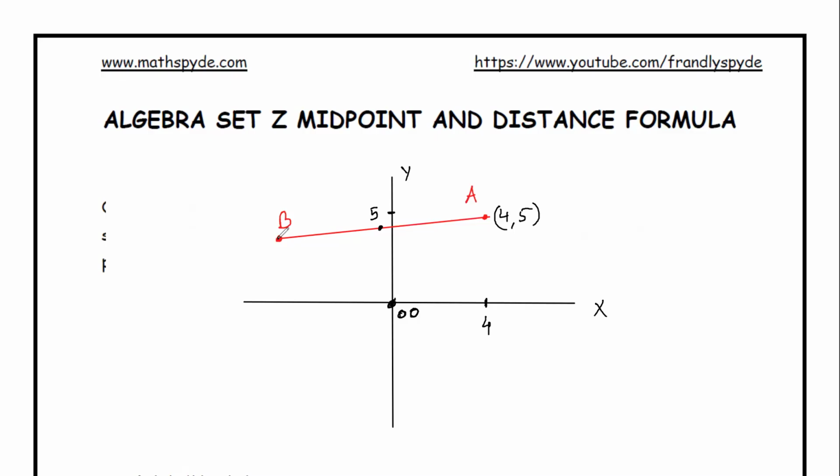And out here, let's say your x was negative 5 and the y was positive 4. Knowing these two coordinates of the points A and B, how do we find the midpoint M, the coordinates of this M out here?